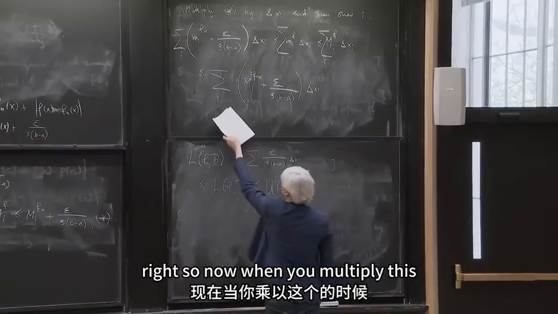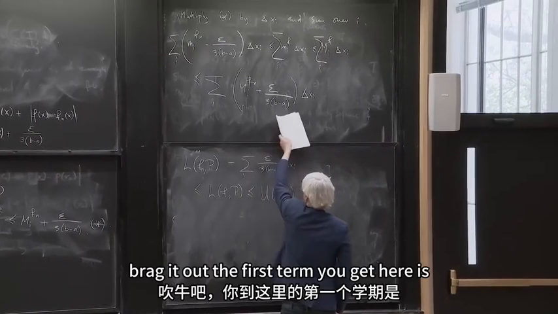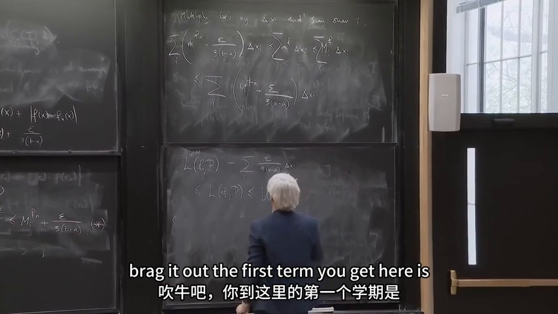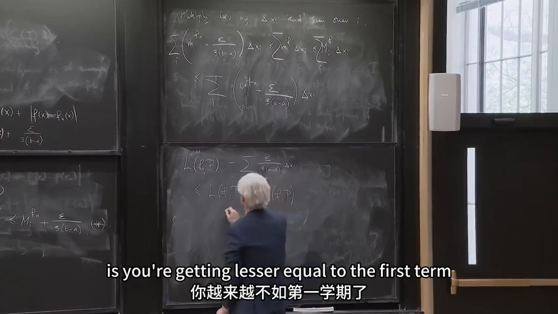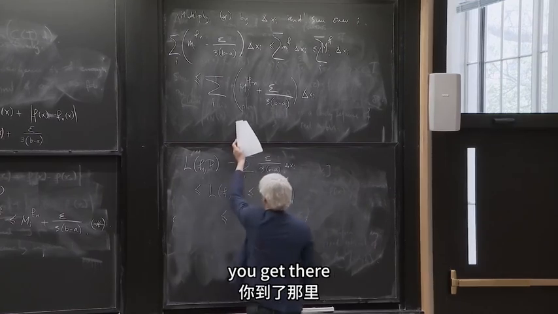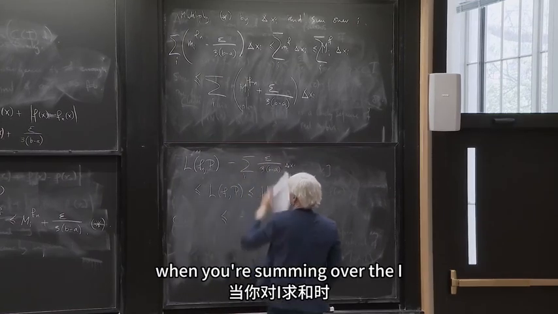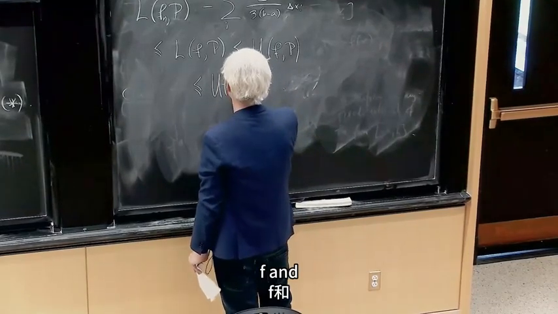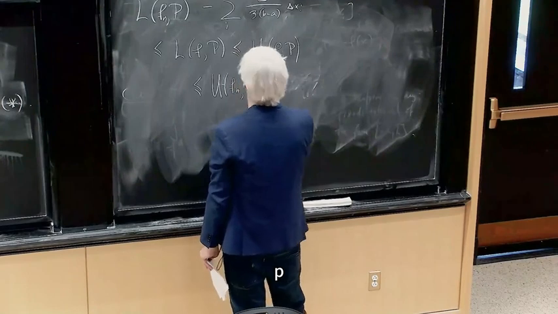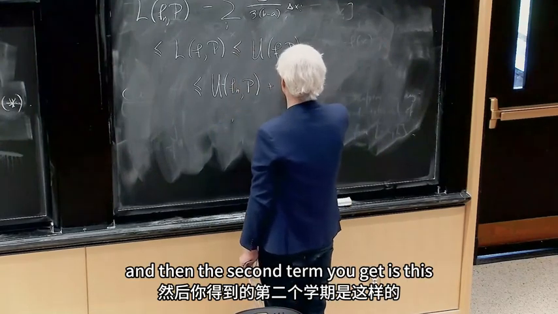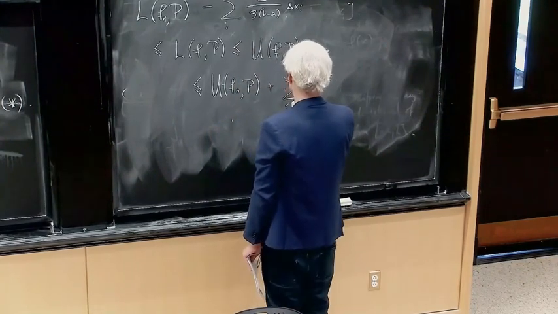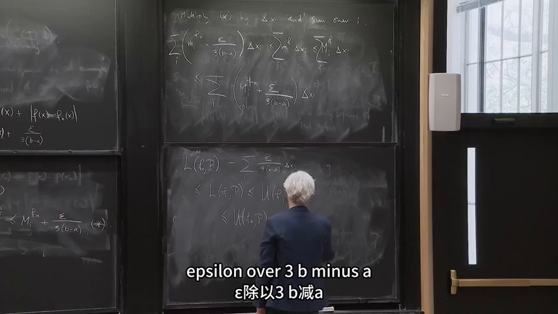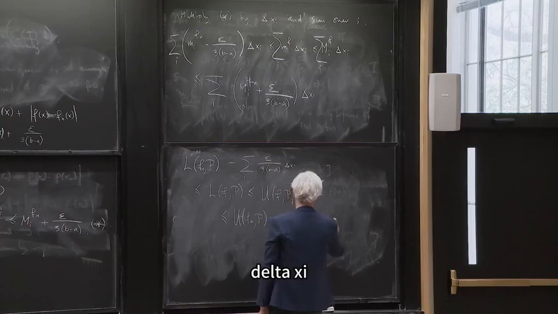Right, so now when you multiply this bracket out, the first term you get there when you're summing over the i is exactly U(f_n, P). And then the second term you get is the sum of epsilon over 3(b minus a) delta x_i.